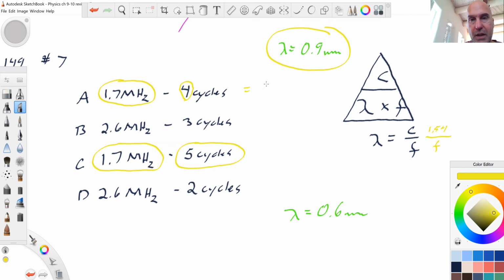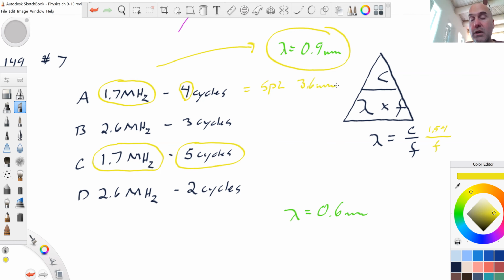So the spatial pulse length, remember, is wavelength times cycles, and we figured out what the wavelength is. Spatial pulse length is actually equal to 3.6 millimeters.